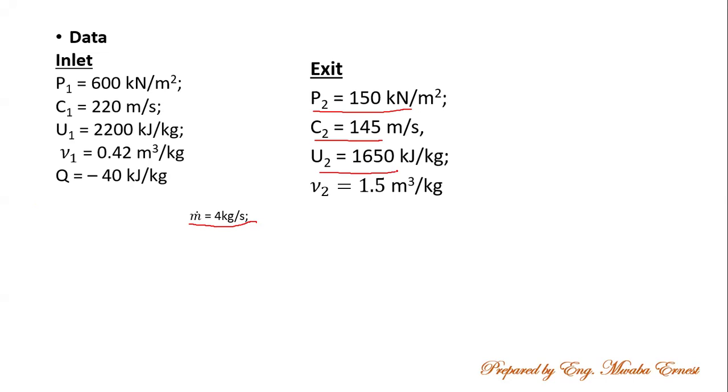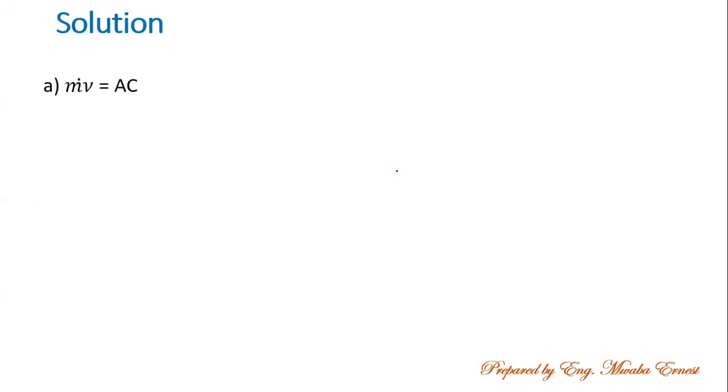So then, let's pick up the first part of the question, which is asking for the inlet and exit areas. Here we are going to use the expression that we started with, but we cannot use it as it is, because according to the continuity of mass flow, the mass flow rate remains constant.